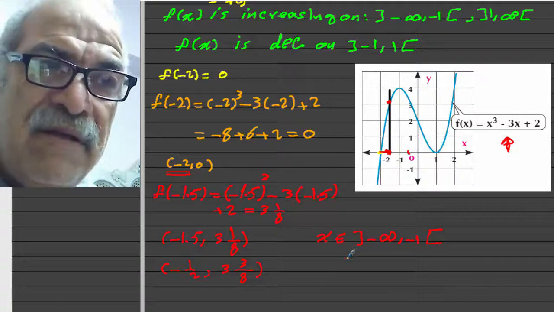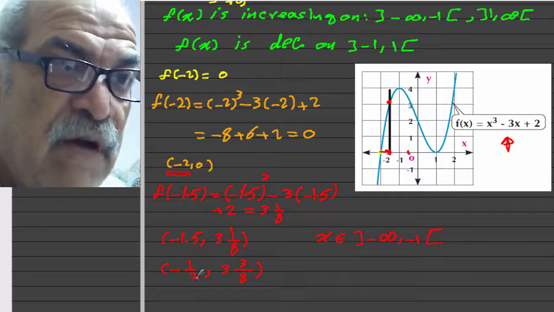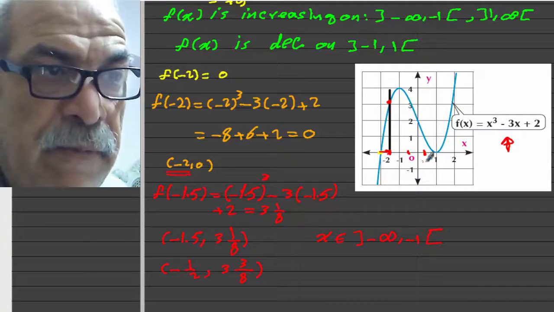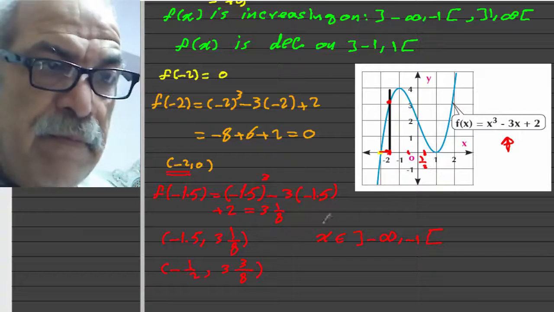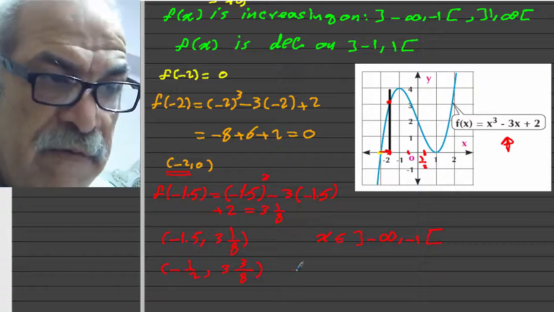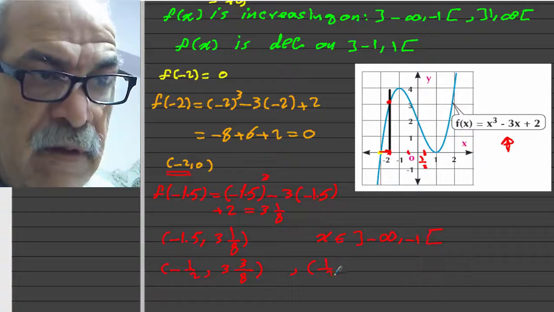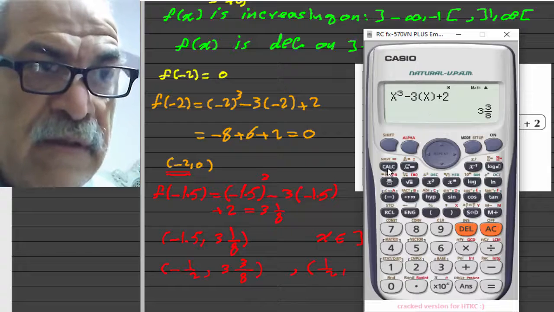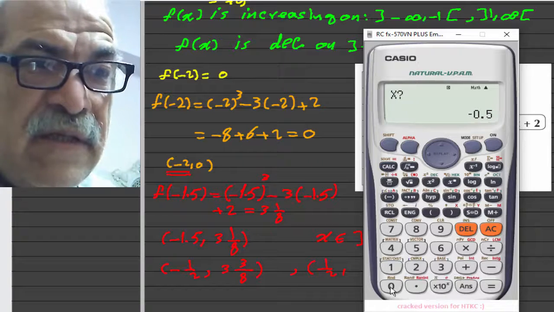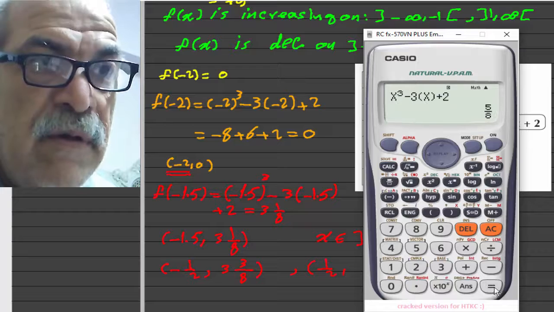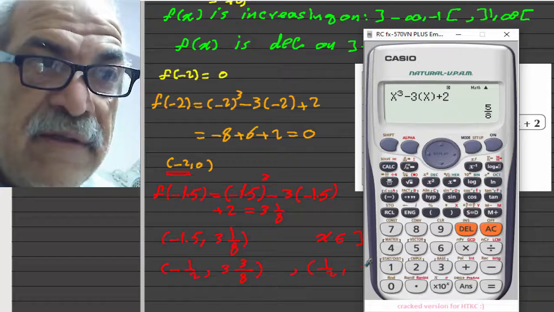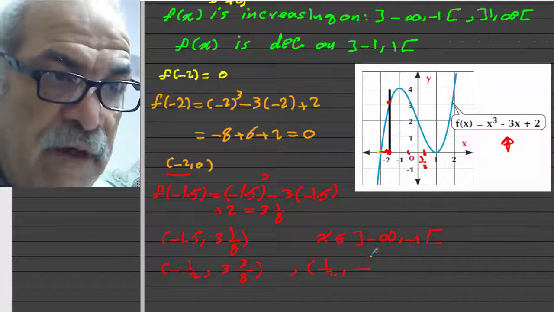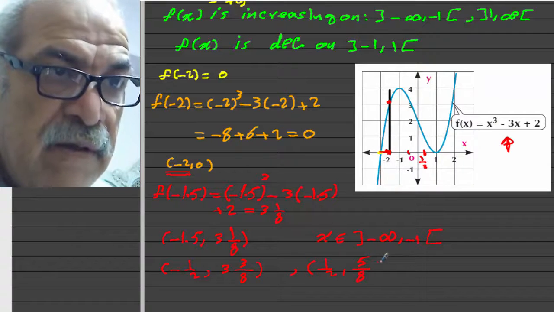And I'll take another number greater than -half, like half here. And we calculate the value of f of x when x equals 0.5, which equals 5/8.